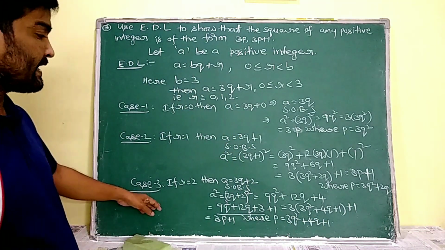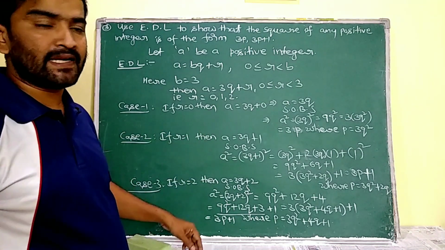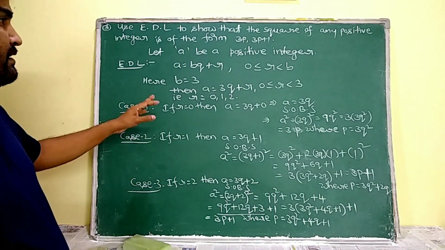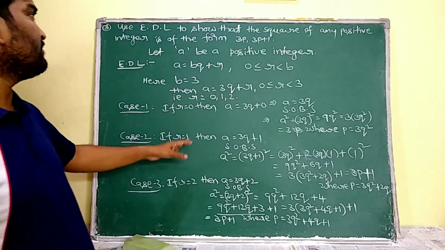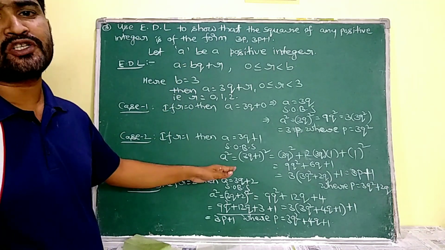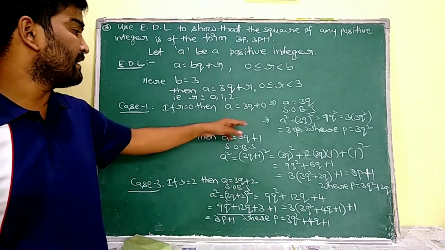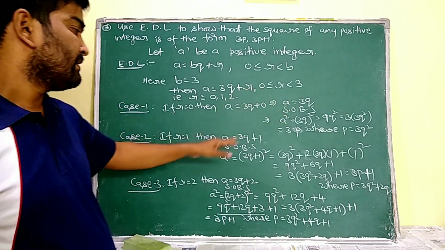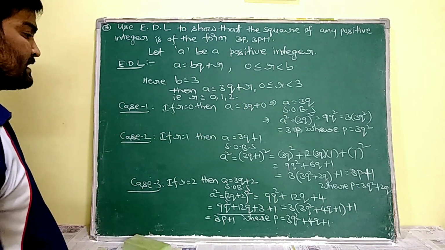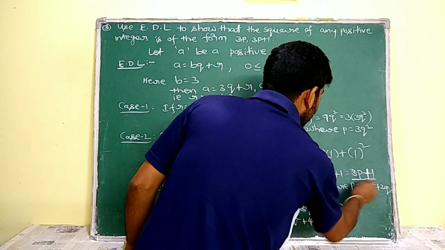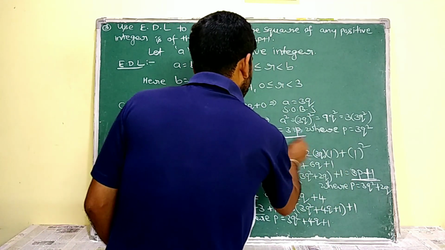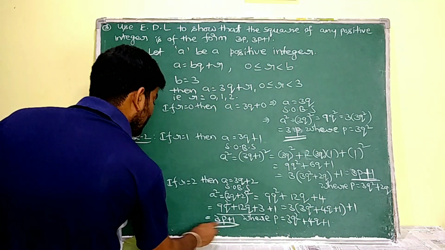So see, from case 1, 2 and 3, every square, that means any positive integer square, is in the form of 3p or 3p plus 1. Once check, here it is 3p plus 1, here it is 3p, and here also it is 3p plus 1.